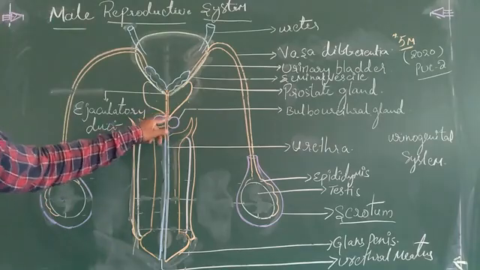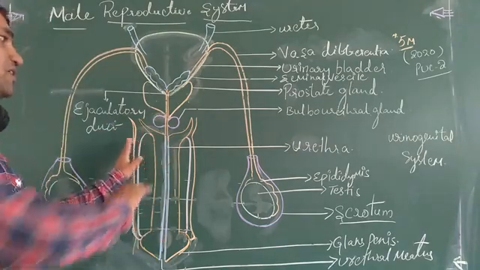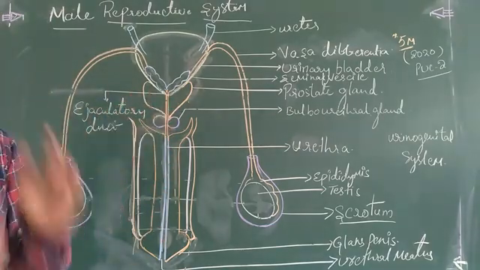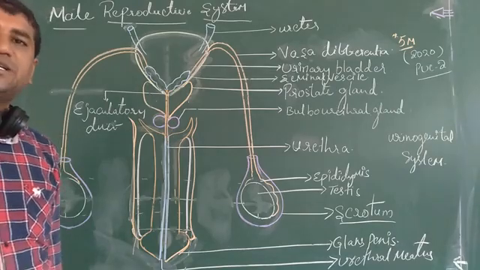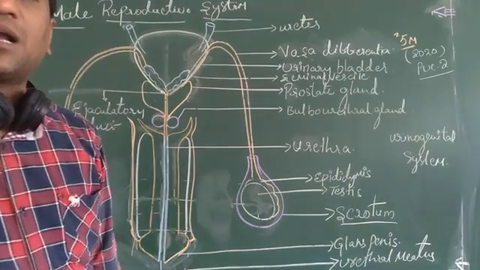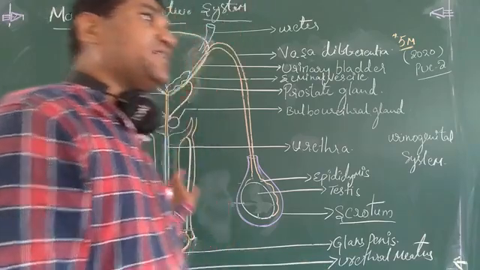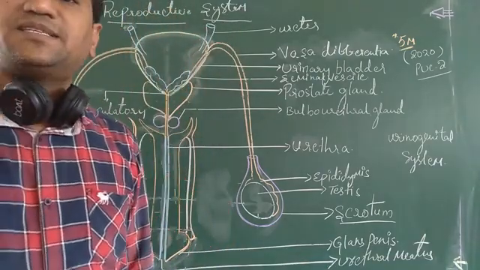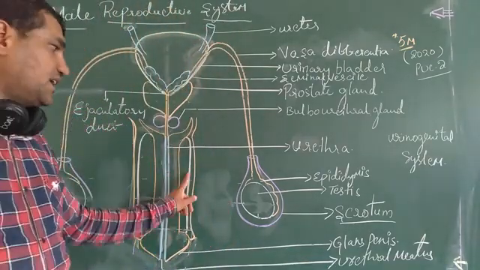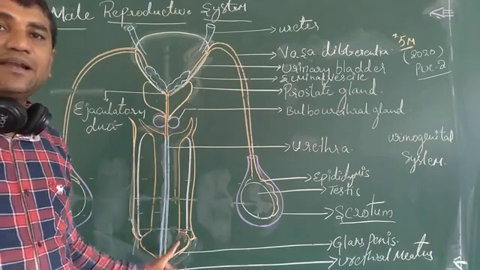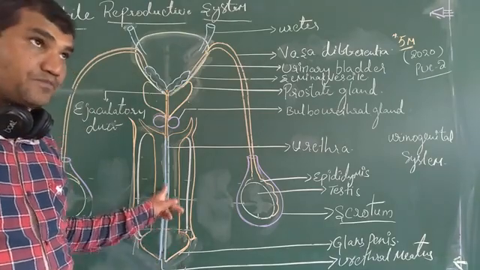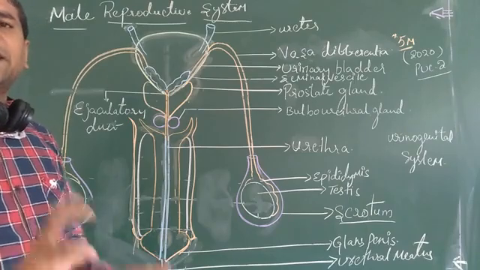And the urethra on either side is covered by a dense connective tissue called corpus cavernosum. This corpus cavernosum is erectile in function, and at the end of the penis, you can see that it is swollen.